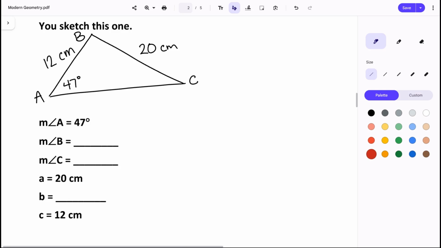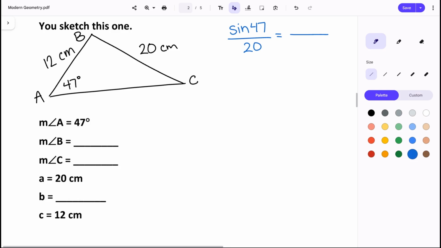So let's figure out how we're going to do this. I'm going to use this 47 and 20. So I'm going to write sine of 47 over 20. Those are partnered up for life, okay? They have to always stay together. Now I need to find one of my angles. I can't find the other side until I have at least one more angle here. What other side besides the 20 do they give us information for?